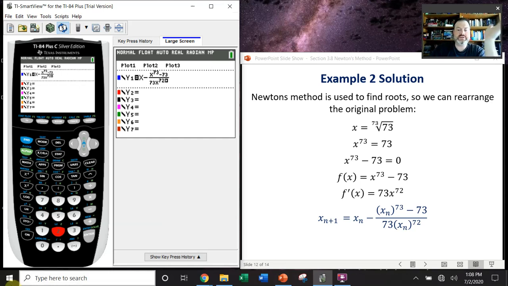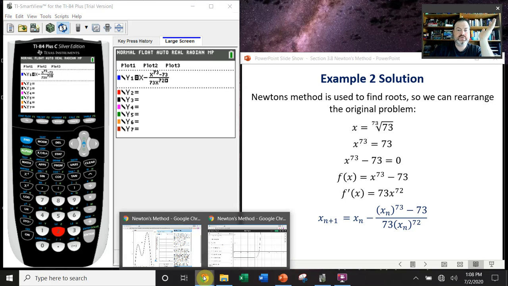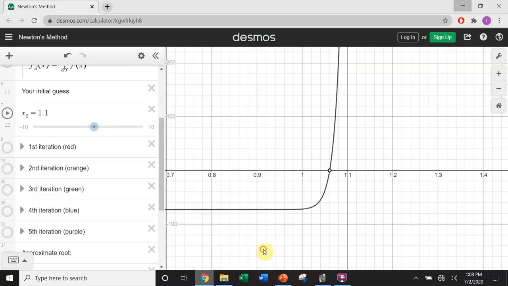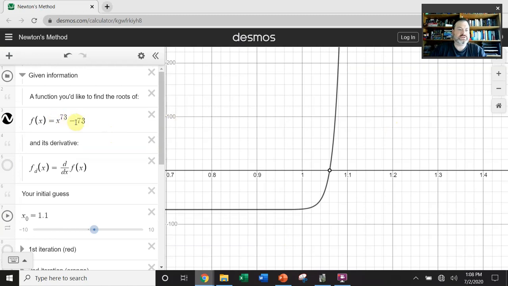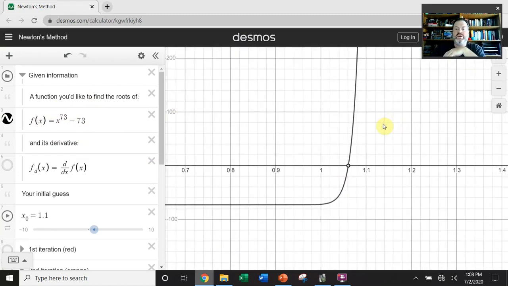So what I did is I went in Desmos. Here it is. And I graphed the original function. So the original function here is x to the 73rd minus 73. And I looked at where it crossed. And so here's 1, here's 1.1. You can do this on your calculator too, but Desmos is nice because you can grab the screen and drag it around.